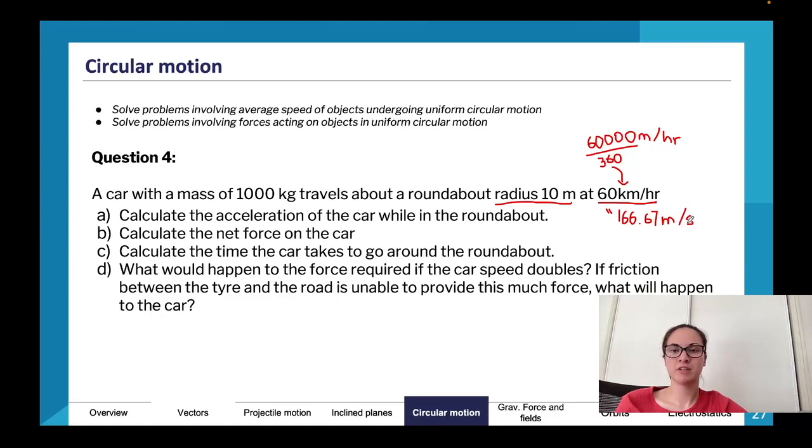Doesn't look like it. If you notice anything wrong, feel free to put it in the chat, because that would be good to know. I'm sure this wouldn't have been the first mistake I made, but I checked all this beforehand, so we'll see. I think we'll go with that number, because if you think about it, there are 60 minutes in an hour, so you divide by 60 to find it for 1 minute, and then you divide by 60 again to find it for a second. So that looks fine. We're just going to say that it travels at that.